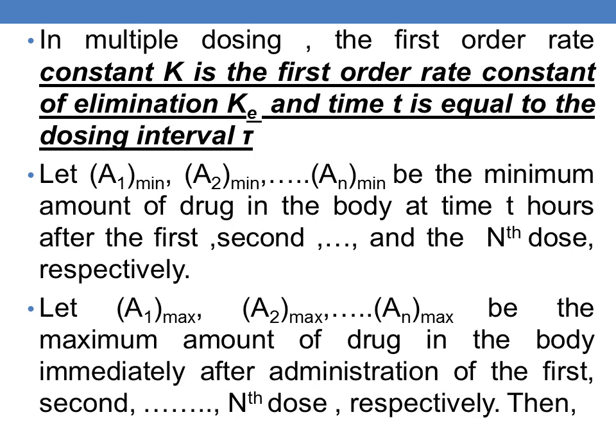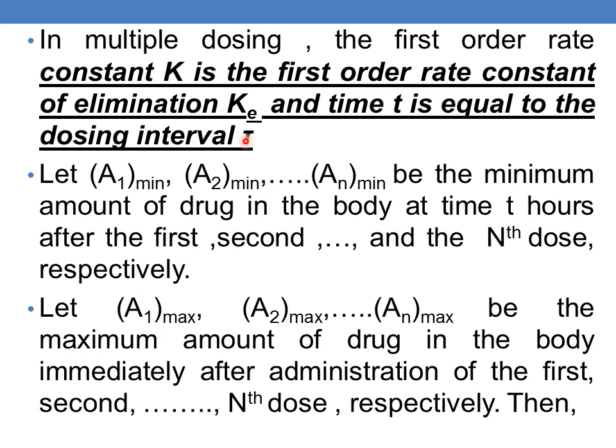And in multiple dosing, K is the first order rate constant of elimination Ke, and t is equal to the dosing interval tau. In the previous equation, K is the first order elimination rate constant in case of multiple dosing, and t is replaced by the dosing interval tau.